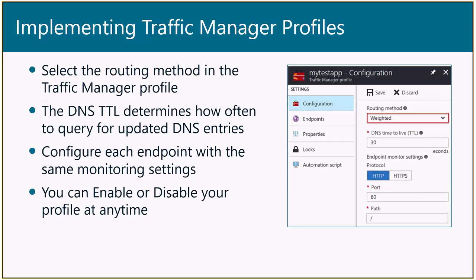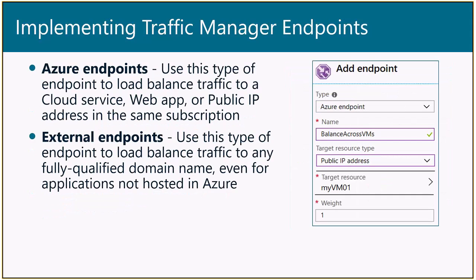So to implement a Traffic Manager profile, you can go and create a Traffic Manager profile from Create a resource. We can go ahead and do that, and you can enable or disable your profile at any time. Implementing Traffic Manager is the same thing: we have the target and the source, very similar to what we did.